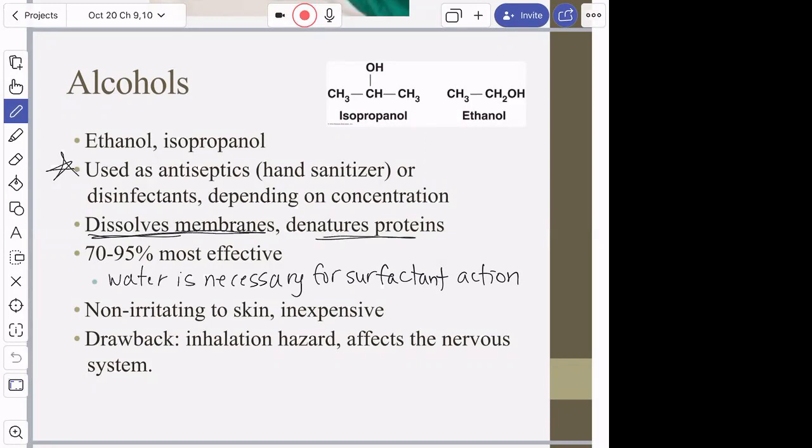So, you know, is 80% necessarily more effective than 70%? I don't really know. But it appears that some water is necessary. You wouldn't want to use 100% alcohol because there's no water in it, and it would evaporate really quickly. So the water keeps it from evaporating as quickly as well.